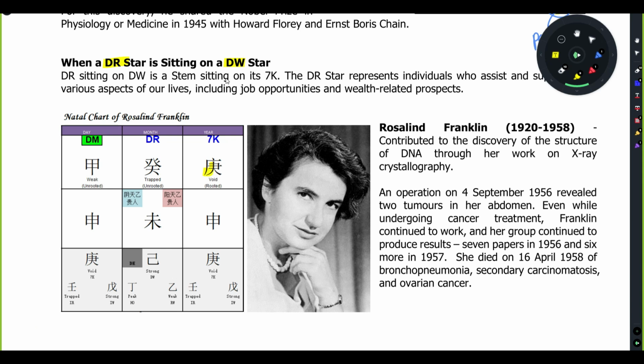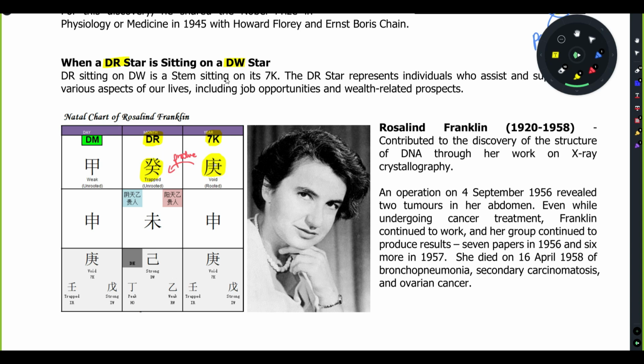Metal produces what? Metal produces water. And therefore, Feng water produces Kui water. 7K producing direct resource. Auspicious. And what does water produce?